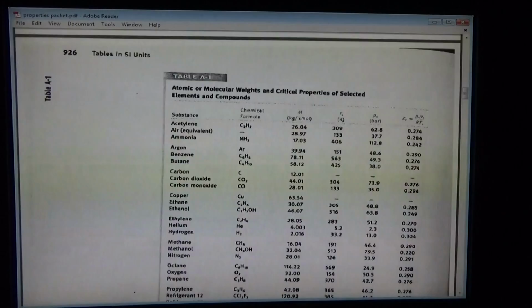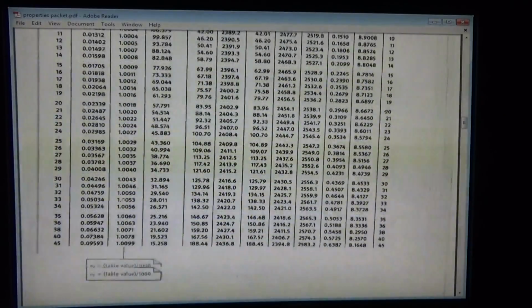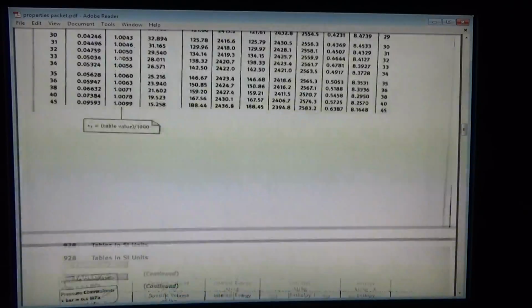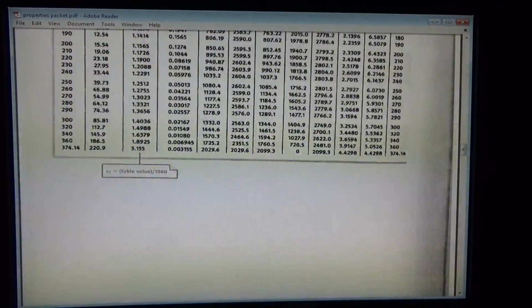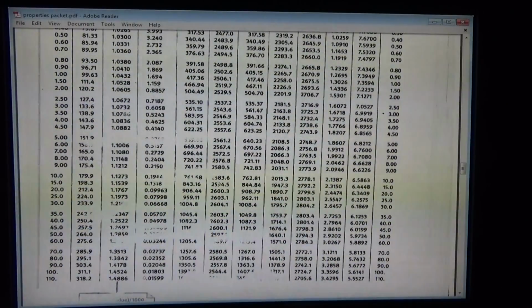So go into the property tables. Go down to the table A2, actually it's in A3, where we look up our pressure, 70 bar, so we're going to have to scroll down.